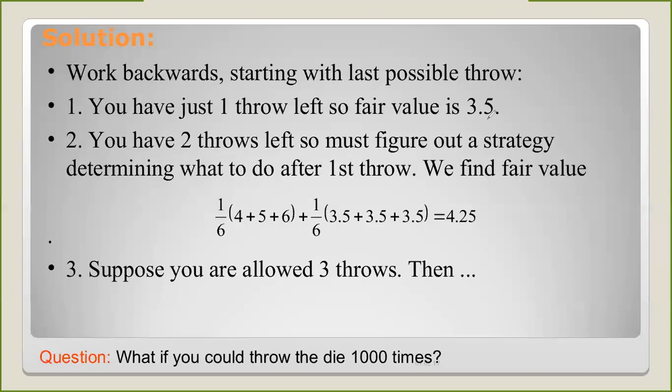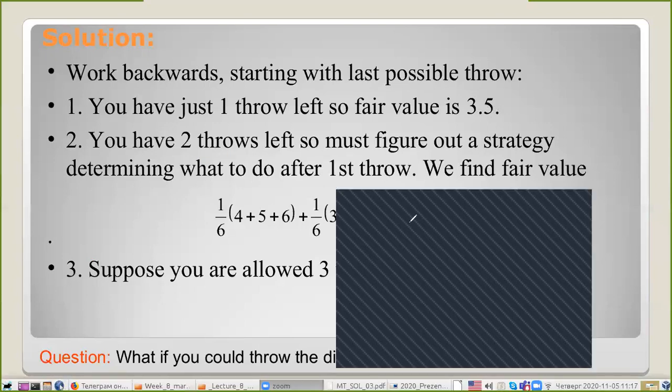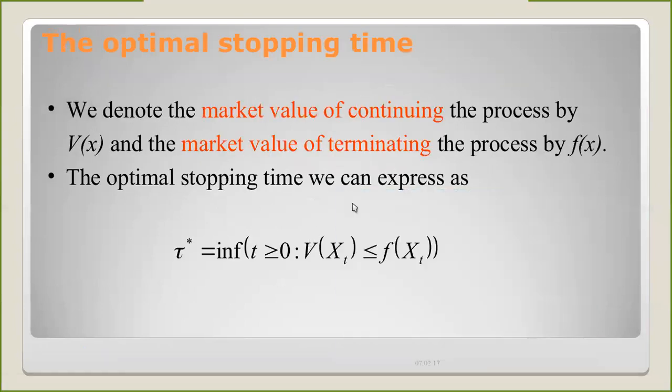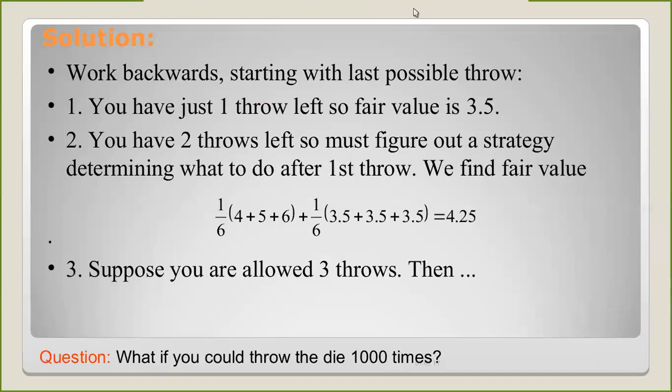Yes, 3.5 is the mathematical expectation. So you mean 1 divided by 6 multiplied by 1 plus 1 divided by 6 multiplied by 2, and so on. Yes, and it is 3.5.